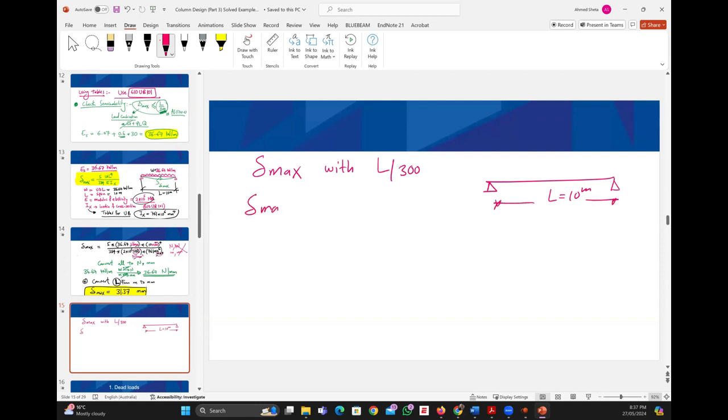So delta max we already know as 31.33 millimeters. L over 300 is 10 over 300. Why do I add these 3 zeros? Because it's 10 meters. We need the deflection limit to be in millimeters, so we multiply by 1,000.